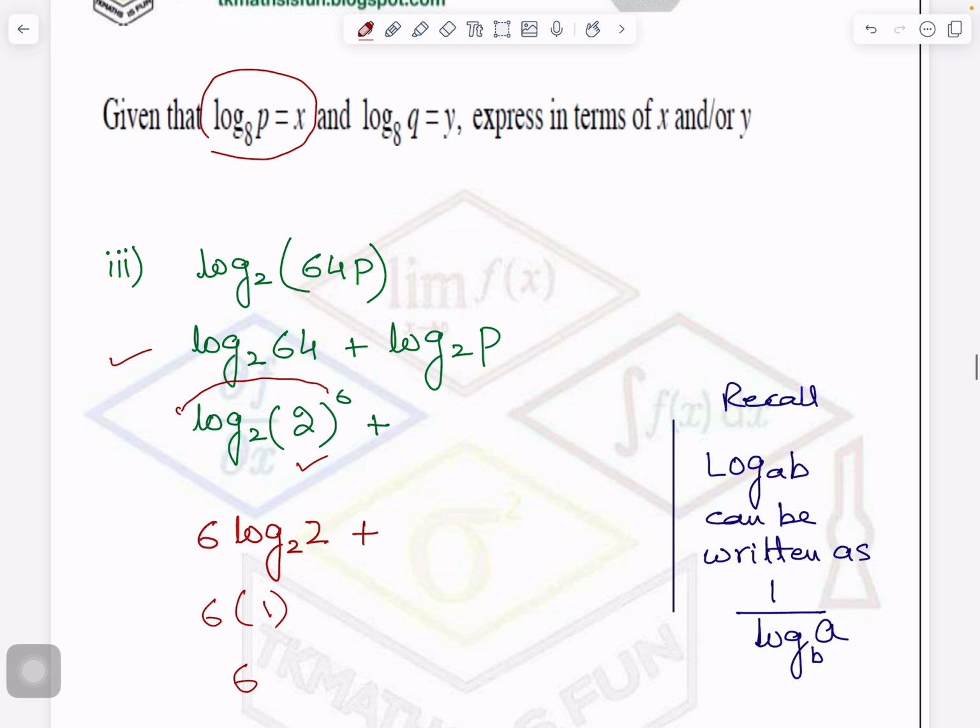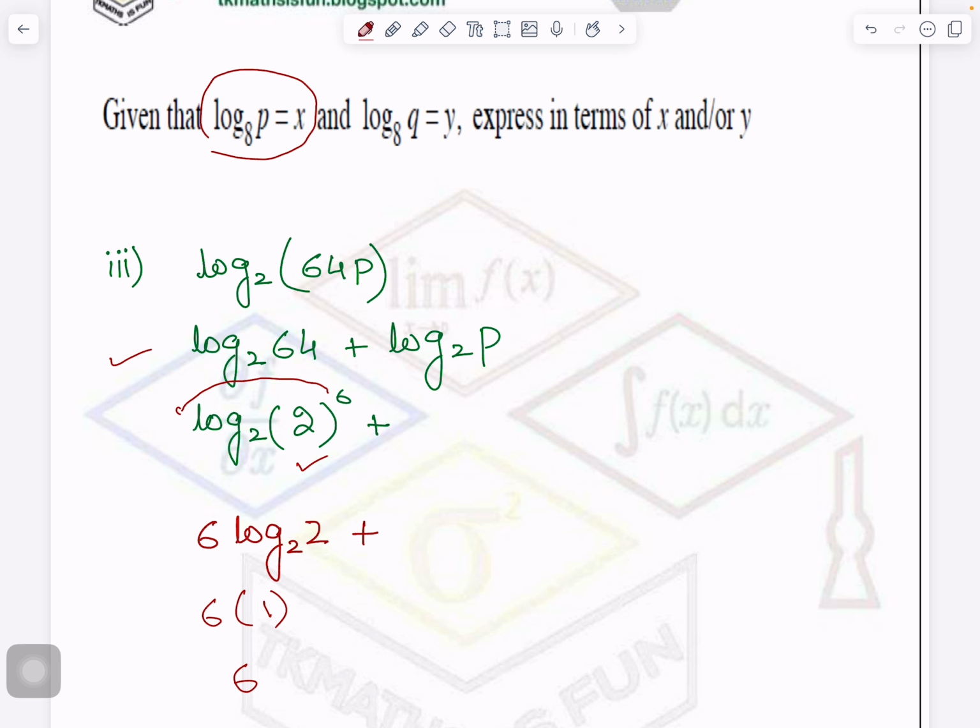We studied 2 types of change of base rule. Let me erase this and write it again so that you can understand what I'm talking about. One change of base rule was that if a log is given to you and you write it as 1 upon, then base A will come in place of B and B will come in place of A. But this rule will not help me, as I will not get base 8.